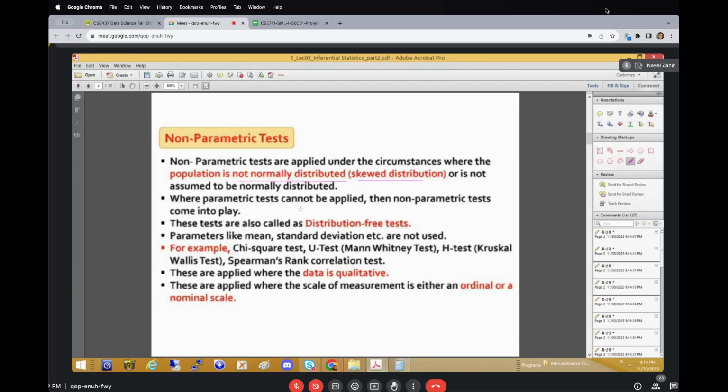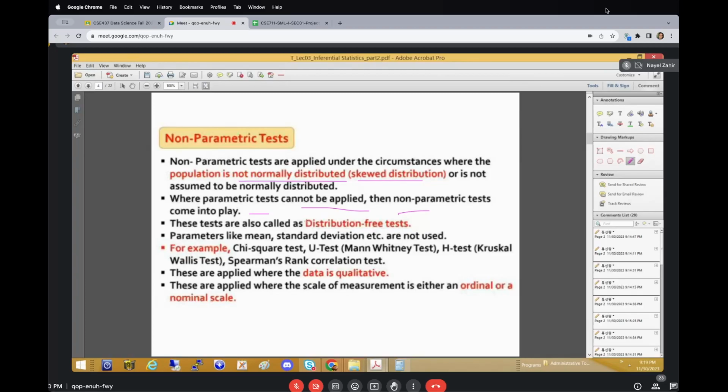And where the parametric test cannot be applied, because maybe the mean is not given and the standard deviation is not given, in that case we have to apply the non-parametric test.